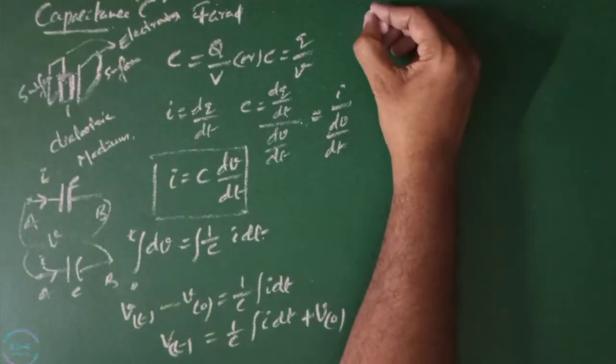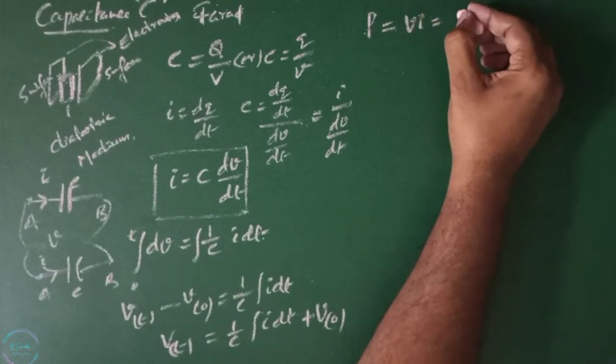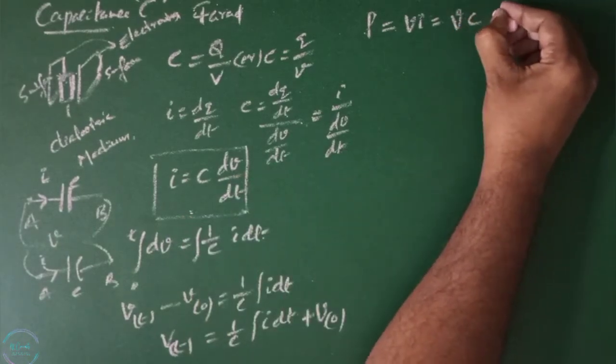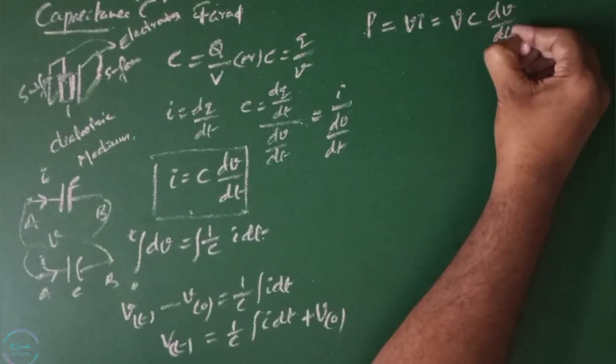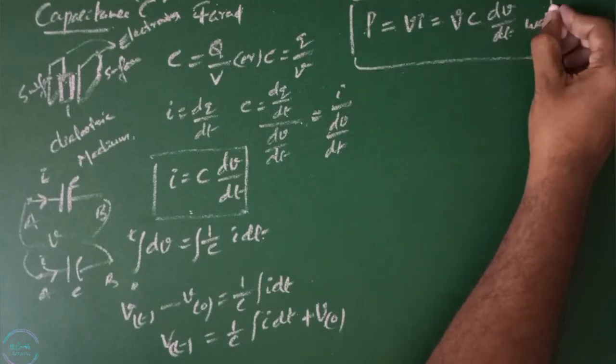Then the power p is given by v i, that is v i, and we have already seen that i is C dv by dt, so power is in watts.